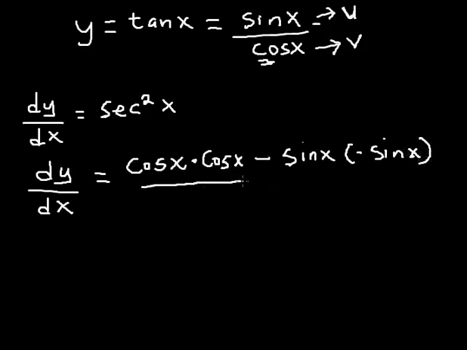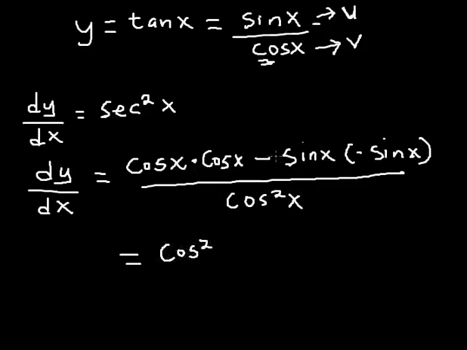So all divided by cos squared x, the denominator v squared. So this is going to be cos x times cos x, that's cos squared x. Of course, minus times minus is plus, and sin x times sin x gives sin squared x, all divided by cos squared x.